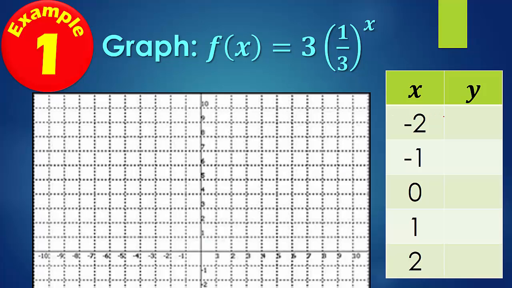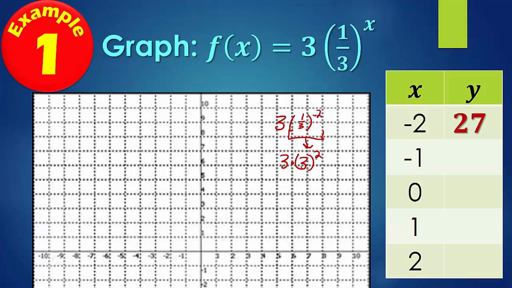All right, so when you have to graph something, I would say pick these 5 numbers. It'll give you the best idea. So when x is negative 2, we have 3 times 1/3 to the negative 2. Remember, this part actually becomes 3 to the positive 2.